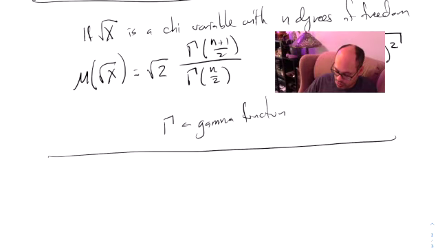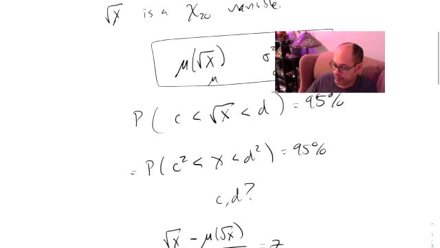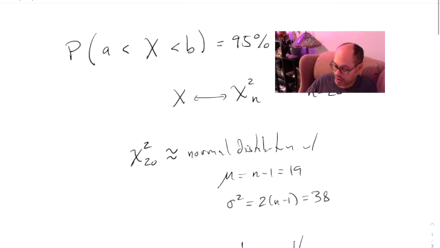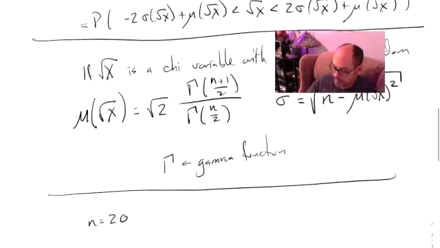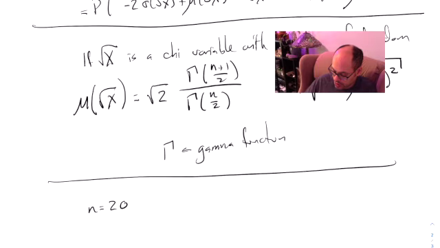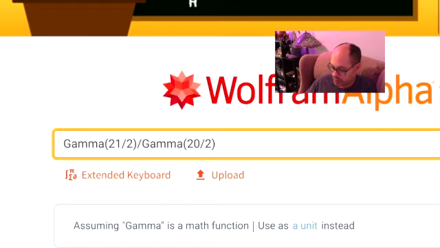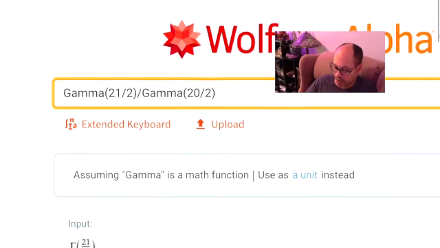All right, so we are interested in the case where n is equal to 20, just for the original problem we were interested in up here. We wanted a 95% confidence interval for a chi-squared 20 variable. For n equals 20, this expression is gamma of 21 over 2 divided by gamma of 20 over 2, or 10. Let's ask the oracle. Wolfram, what is gamma of 21 over 2 divided by gamma of 10?